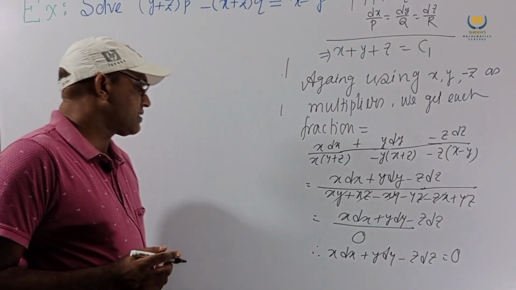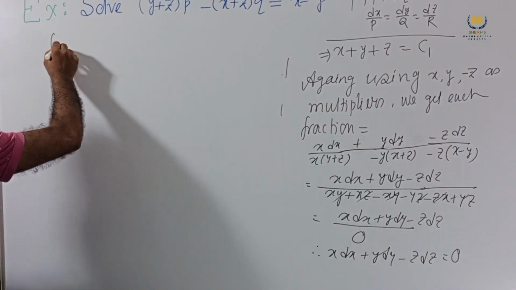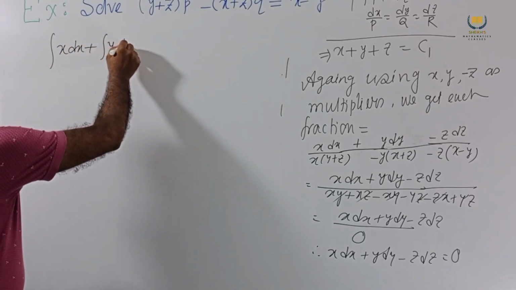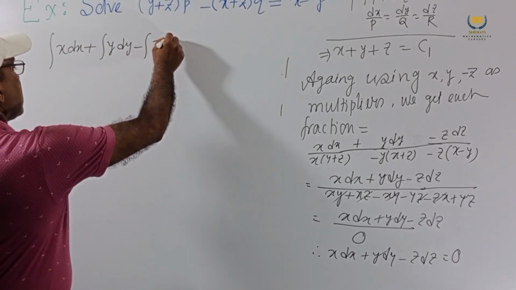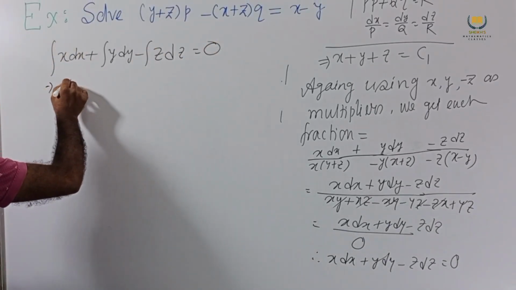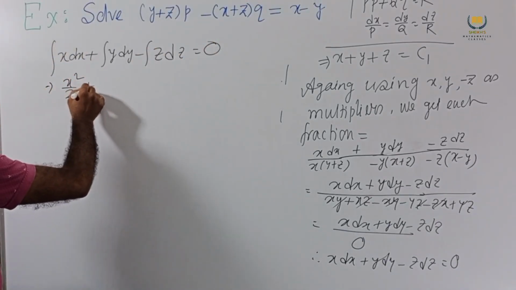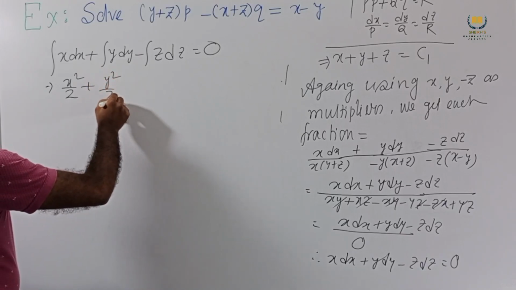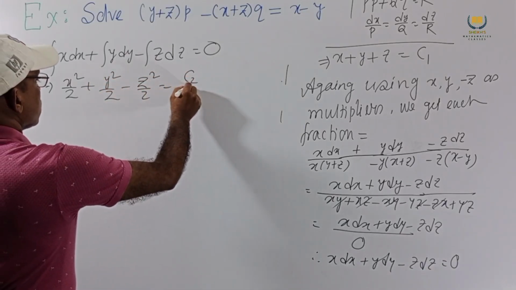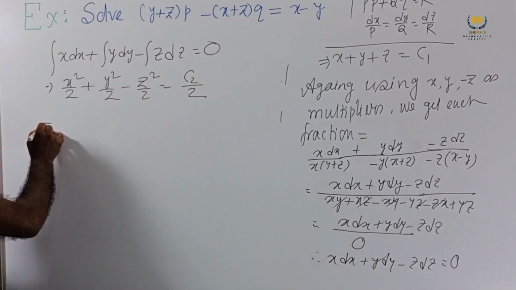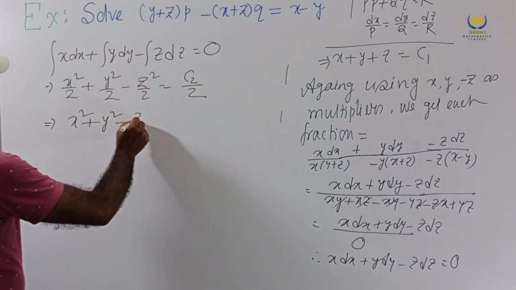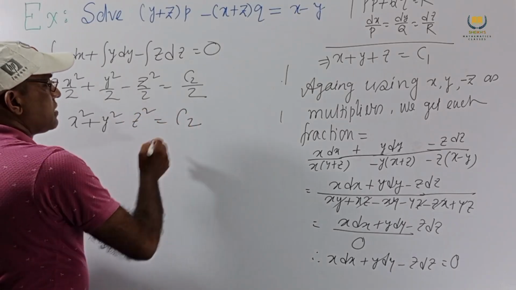Now we integrate this: x square by 2 plus y square by 2 minus z square by 2 equals c2 by 2. Then multiplying both sides by 2, x square plus y square minus z square equals c2.